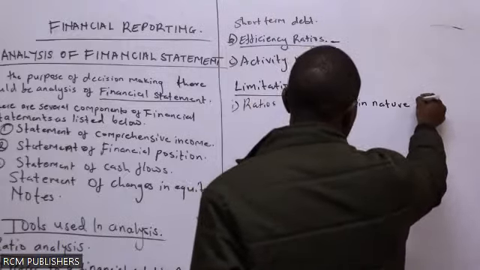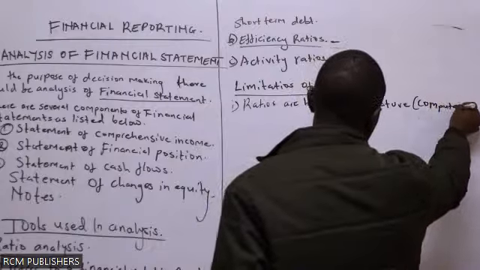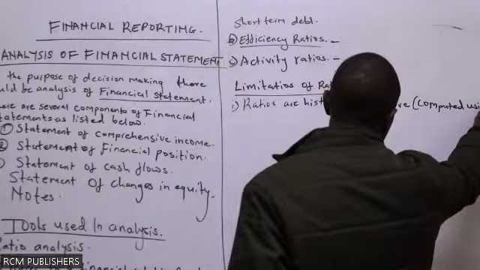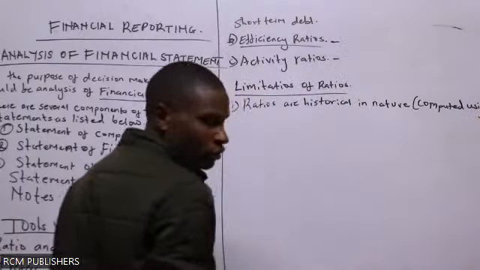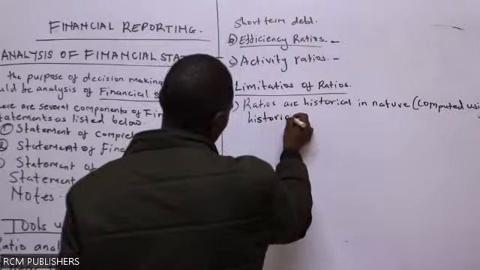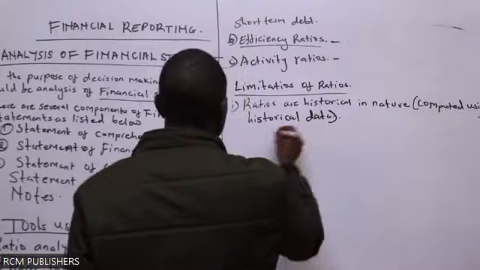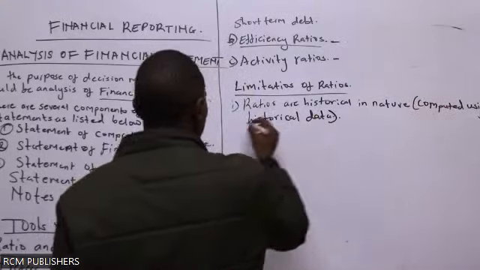So they are computed using historical data. I'll show you how we compute the ratios, using the historical data.